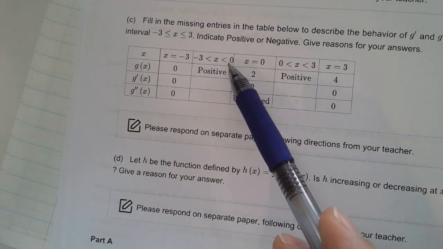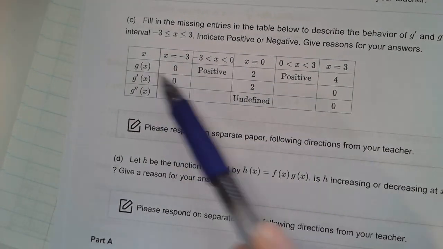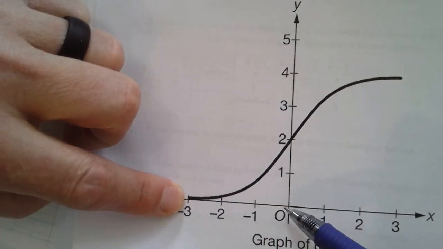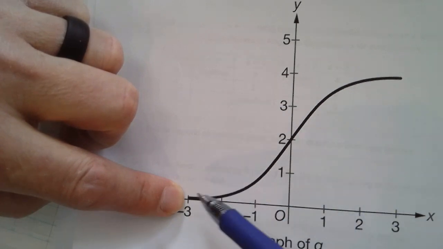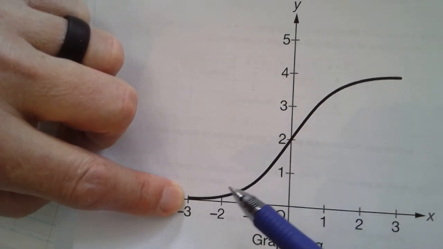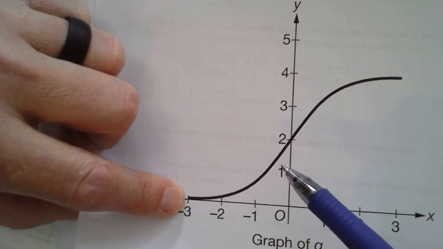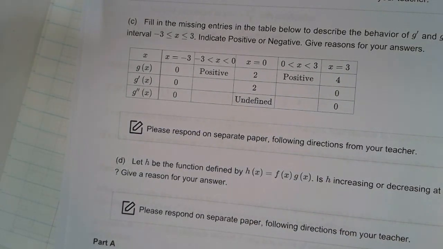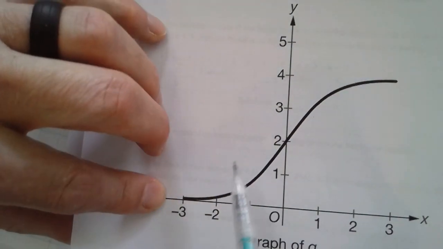Now, between negative 3 and 0, what do we know about G? It's positive. Between negative 3 and 0, my y value is positive. It's above the x-axis, so G is positive from negative 3 to 0. Then they want to know what G prime is. G prime represents the slope. The first derivative is the slope.